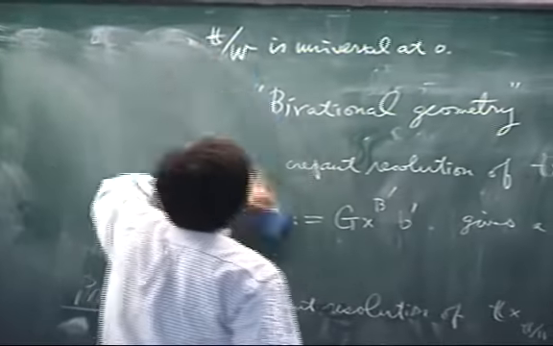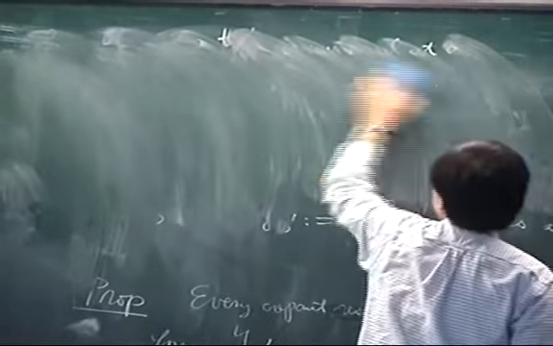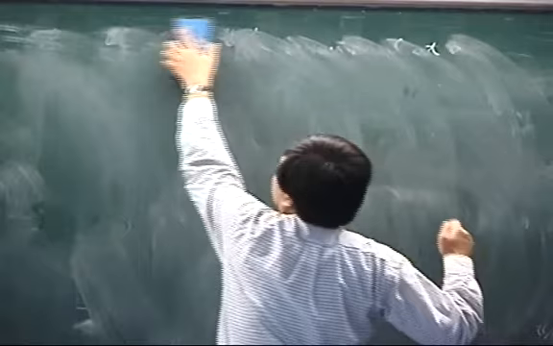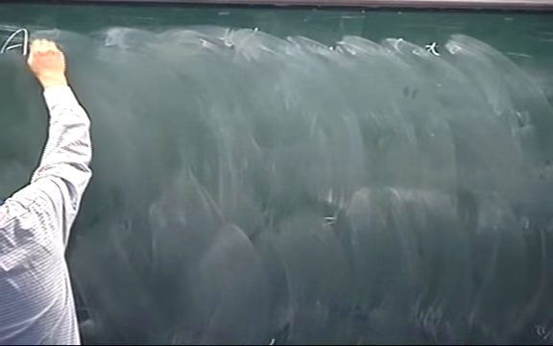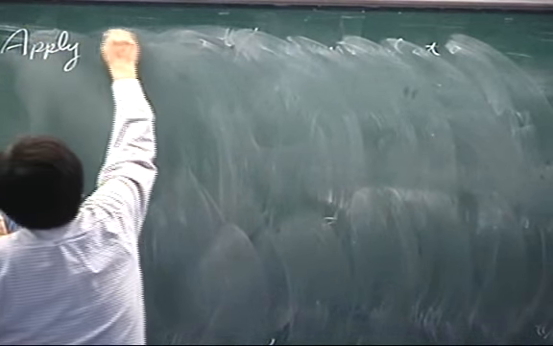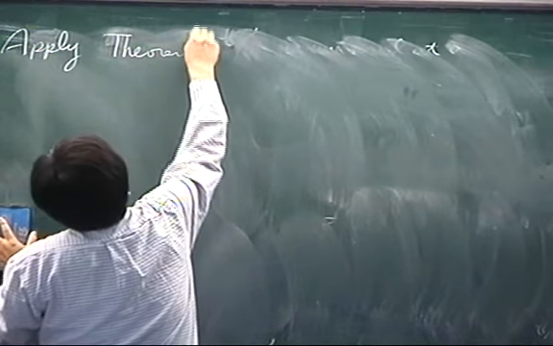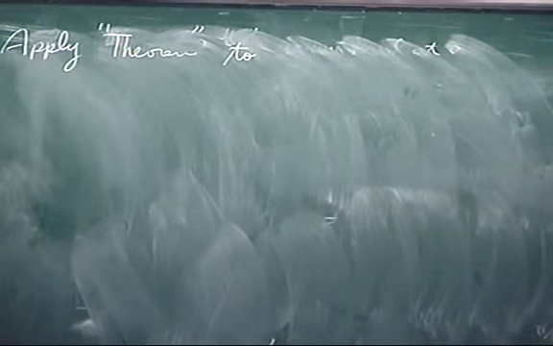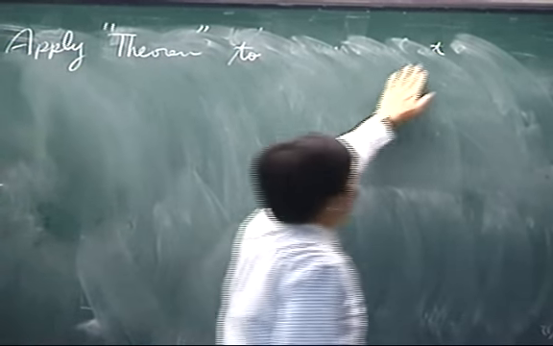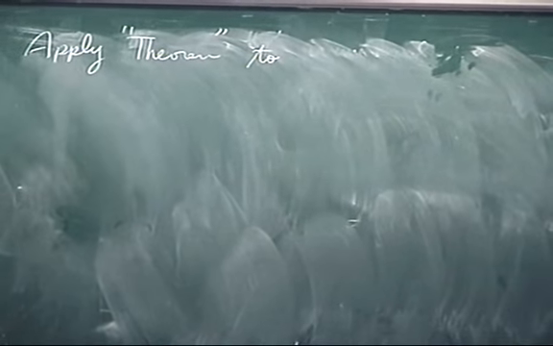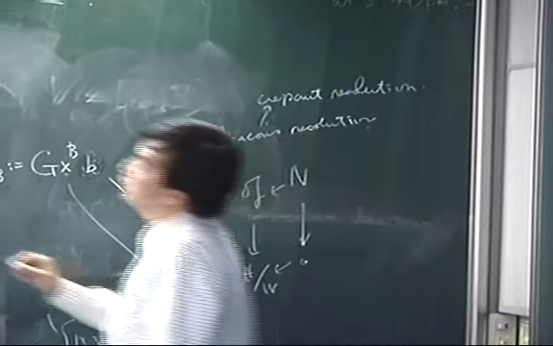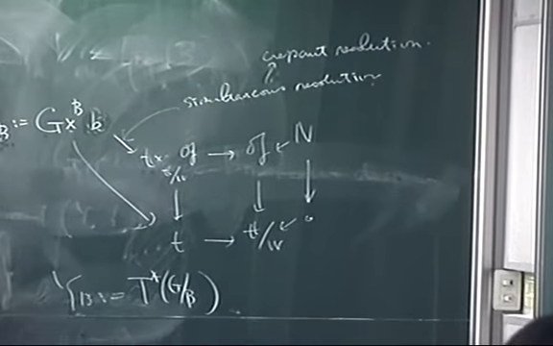So now let's apply our theorem to the original Crepant resolution. The original Crepant resolution is just, the central fiber is here, so the original Crepant resolution is just Y_B.